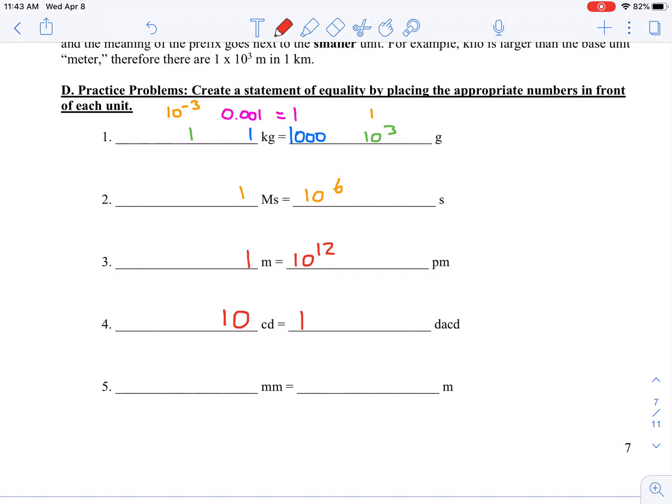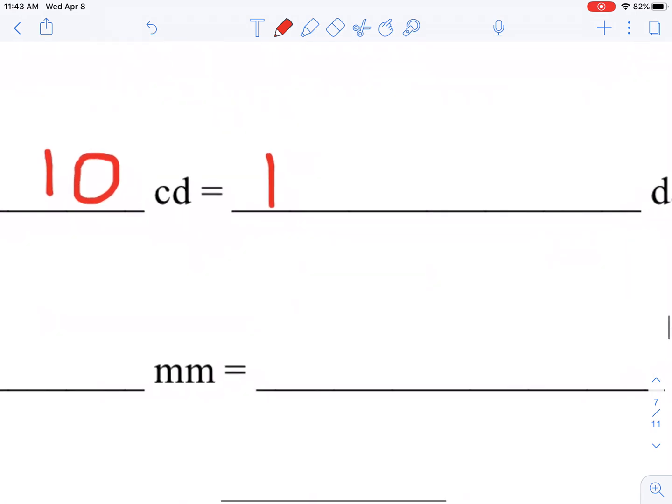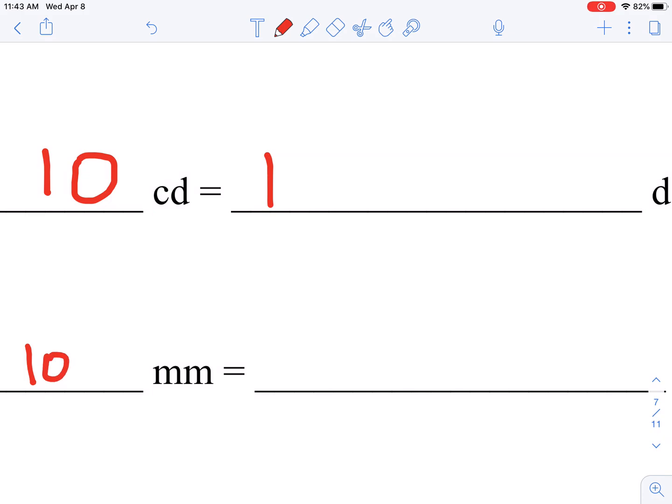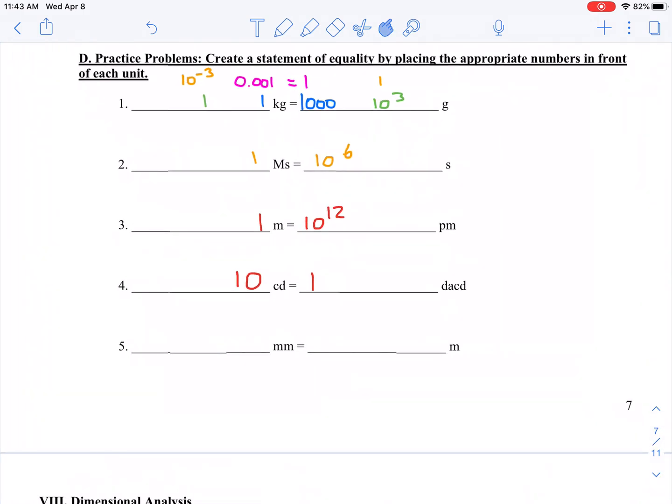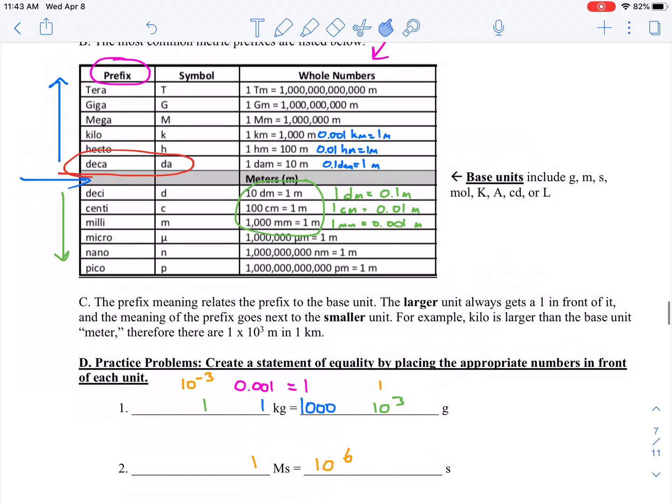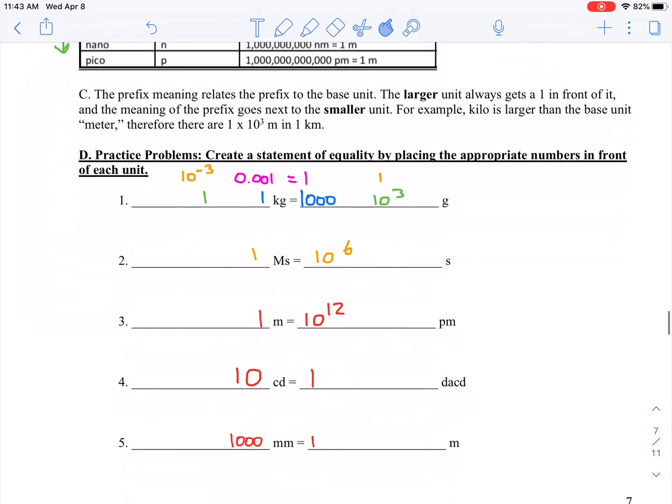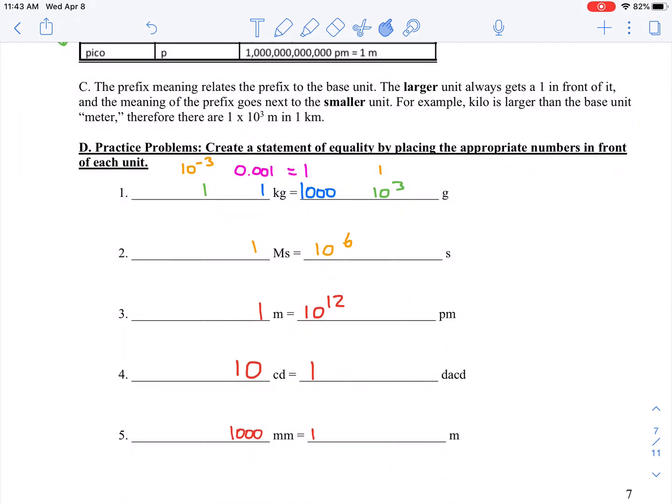It's on the bottom of your table. It turns out that there are 1,000 of these millimeters in 1 meter. So you want to get really comfortable with thinking about this table. Again, you don't need to memorize this table, but you do need to know how it behaves in order to do conversions like these, because we'll use these over and over again all year in order to convert from different units to other ones.